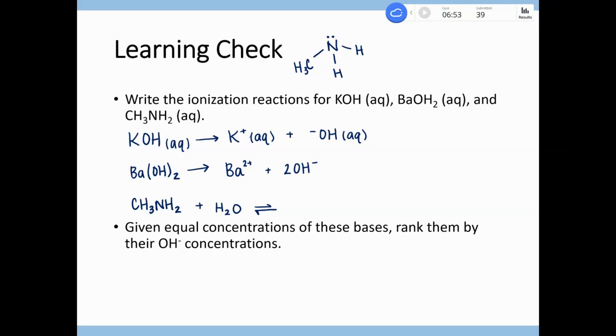For the last molecule, we're looking at bases and producing OH-. For H2O to become OH-, and I'm looking at H2O because this is the only one with the oxygen, it has to lose a hydrogen, and that hydrogen has to go to this molecule. And then I mentioned earlier that that nitrogen can accept a hydrogen and have 4 bonds, just like when we saw NH3 becoming NH4.